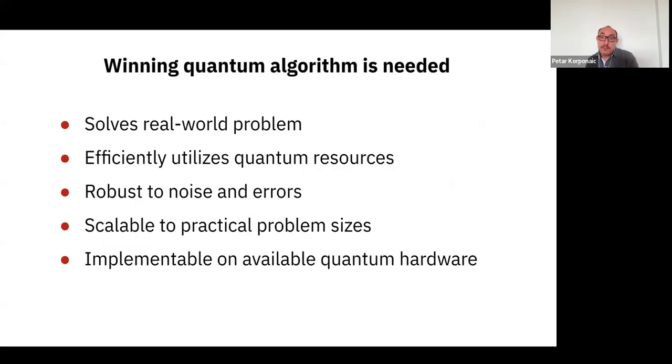Now, what we need is a winning quantum algorithm. When talking about software, in hardware there are other problems, but in software we need a winning quantum algorithm which solves some real-world problem, something that is useful to people, because there are reports that scientists solved some problem faster than a classical computer, but that problem doesn't have any practical use.